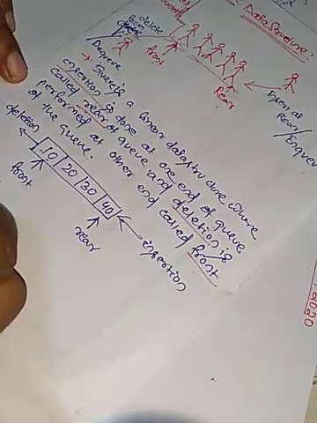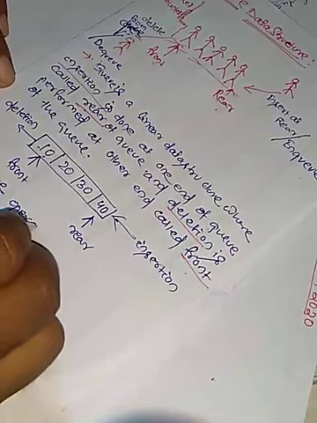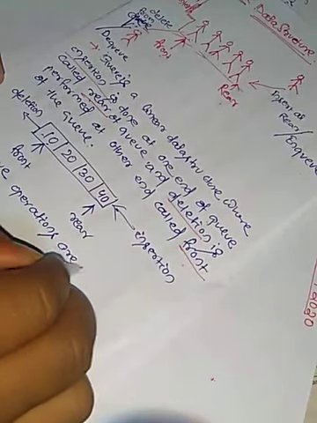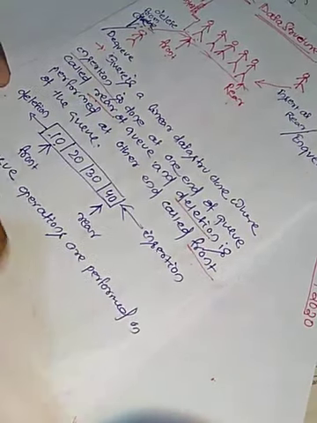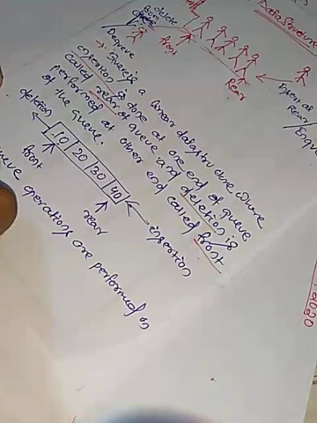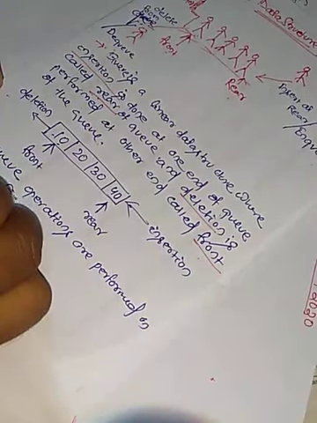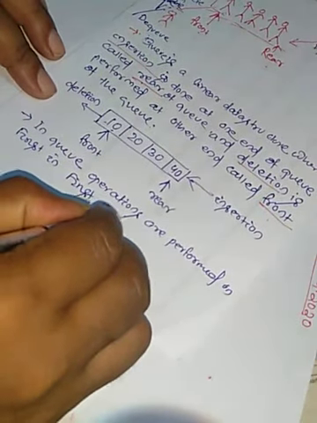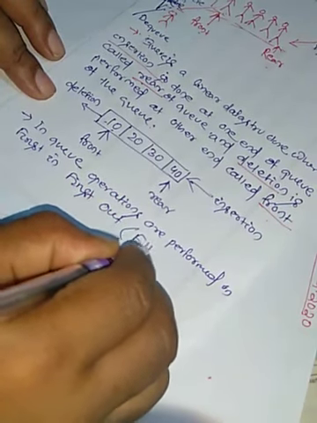In queue, operations are performed on first in, first out, FIFO order.